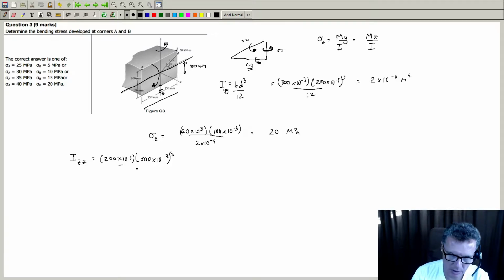To the power 3 divided by 12 equals, and that's going to have a larger value of 4.5 times 10 to the minus 4 meters to the power 4.